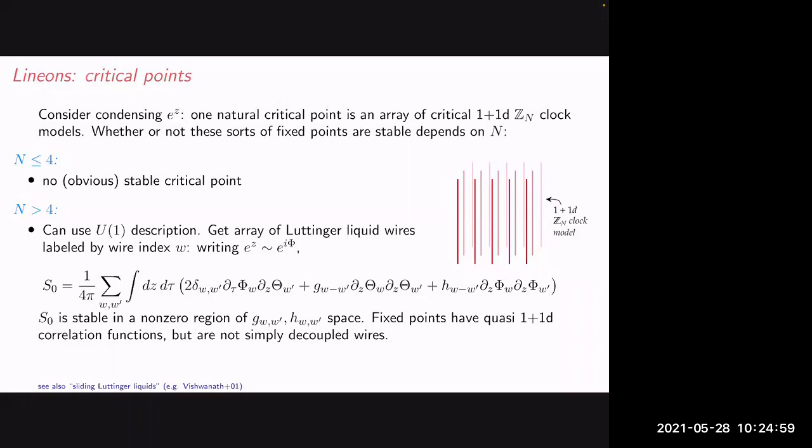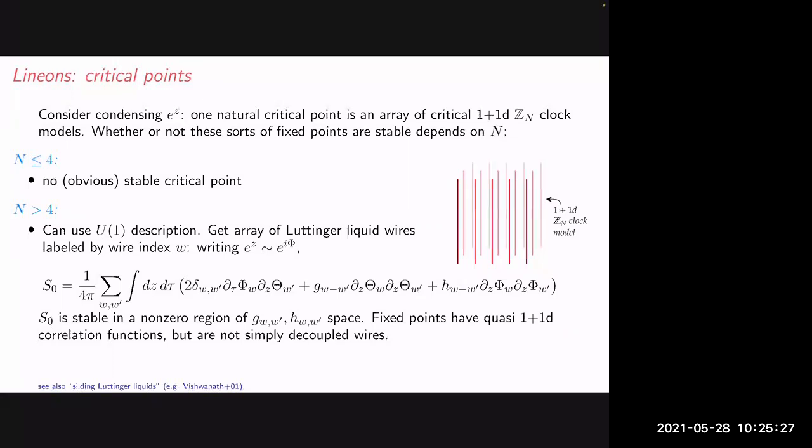It turns out if you are judicious about how you choose these derivative couplings between the chains, these G and H parameters in this action, you can create critical points which are stable and have no relevant deformations. Essentially, the region of parameter space in which this action is stable occupies a finite region.